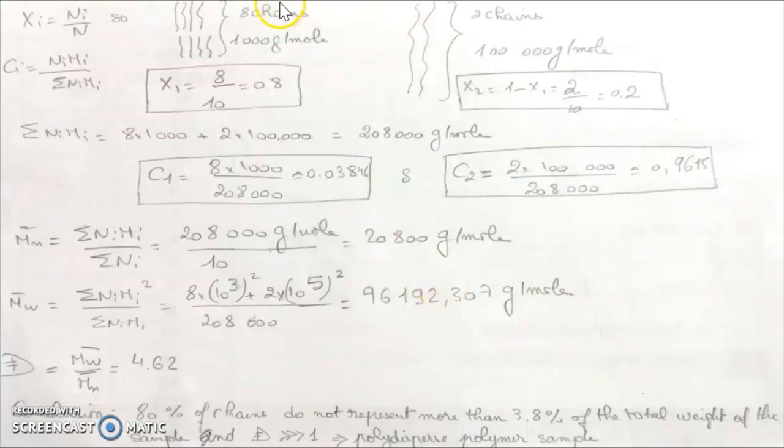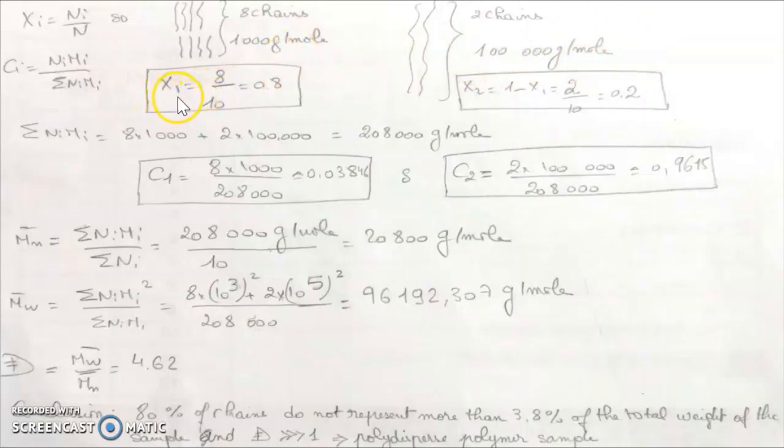So if I consider the first family, I have 8 chains, each chain having a mass of 1000 grams per mole, and for the second family I have 2 chains, where each chain has a mass of 100,000 grams per mole.